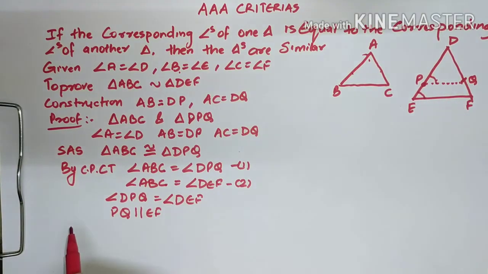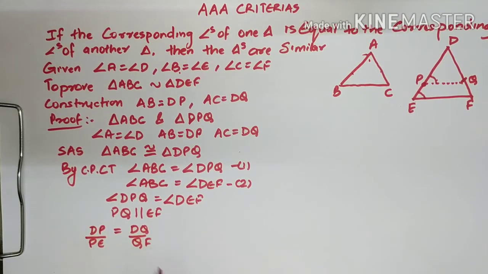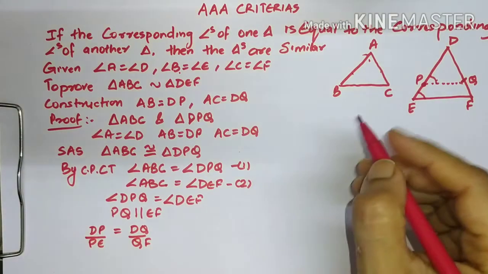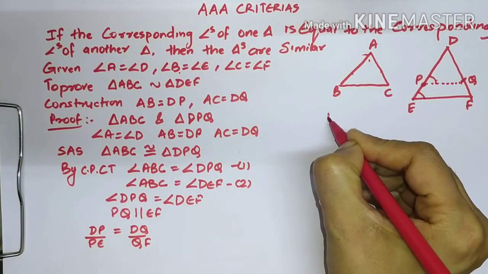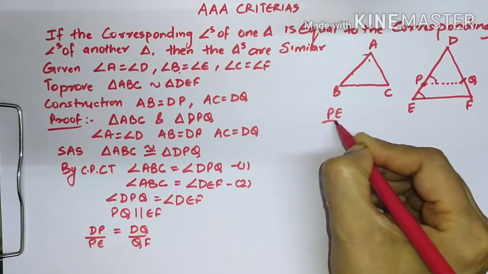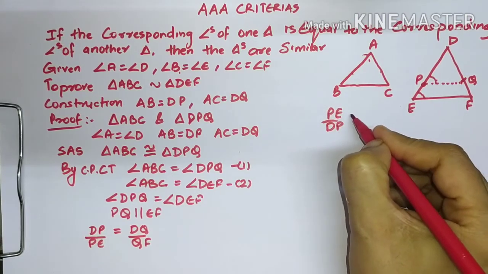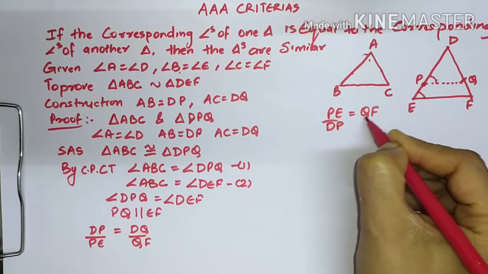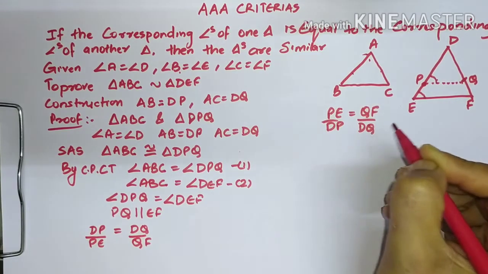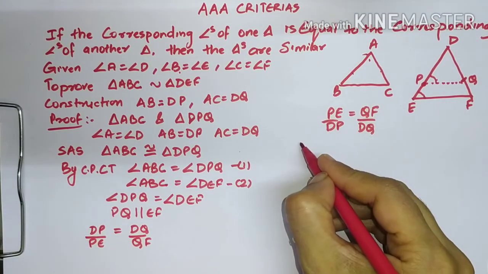Now just look into the triangle DEF where PQ is parallel to EF. So can I write down the ratio as DP upon PE is equal to DQ upon QF. Okay. Now I'll take the reciprocal of this ratio and write PE upon DP is equal to QF upon DQ, and I'll add 1 to both the sides.